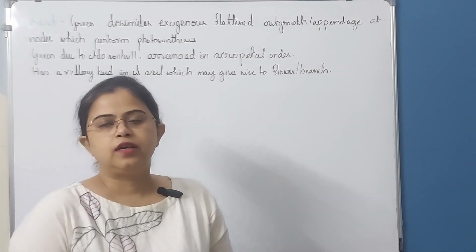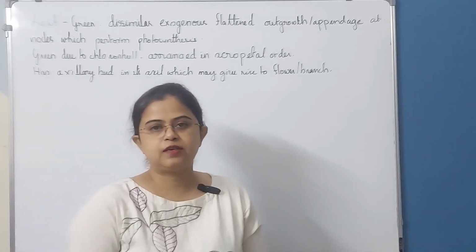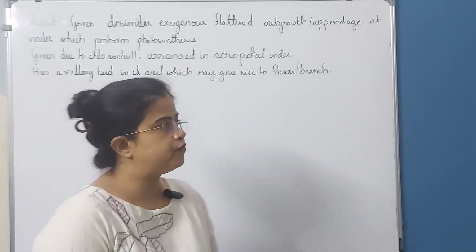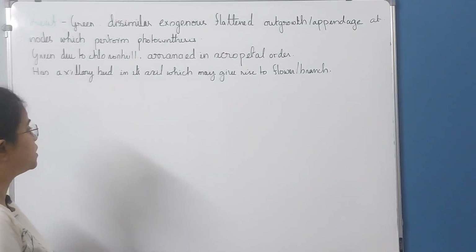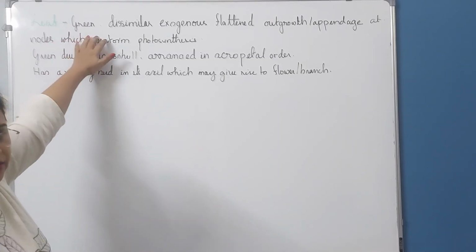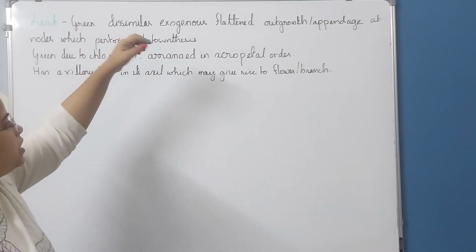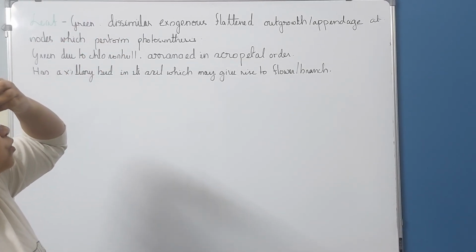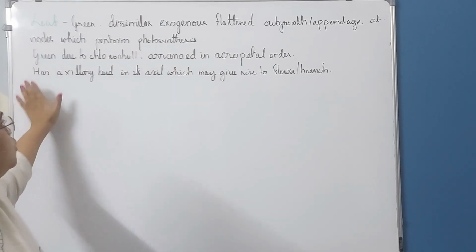तो इसके बाद है leaf. So now after roots and stems, let's look into leaf. पत्ता क्या है? पत्ता obviously green, dissimilar exogenous flattened outgrowth or appendage at the nodes.